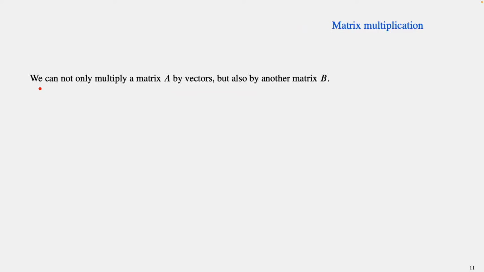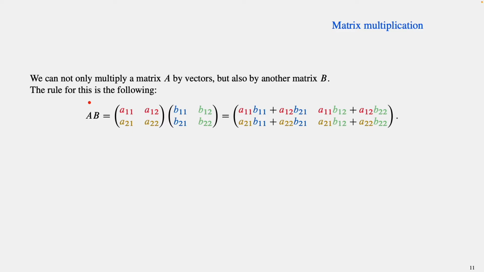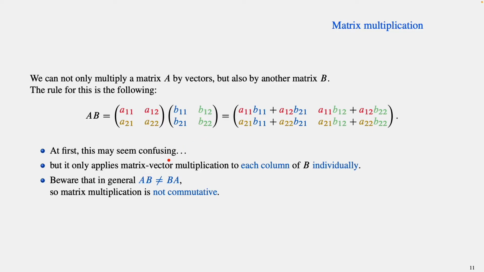And we can not only multiply matrices by vectors, but we can also multiply different matrices with one another. So let's say we have two matrices, A and B. And then the rule for multiplying matrices is the following. A times B is matrix A multiplied by matrix B. I'm not going to read out the full formula, but what we essentially do is we apply matrix vector multiplication to each column of B individually.